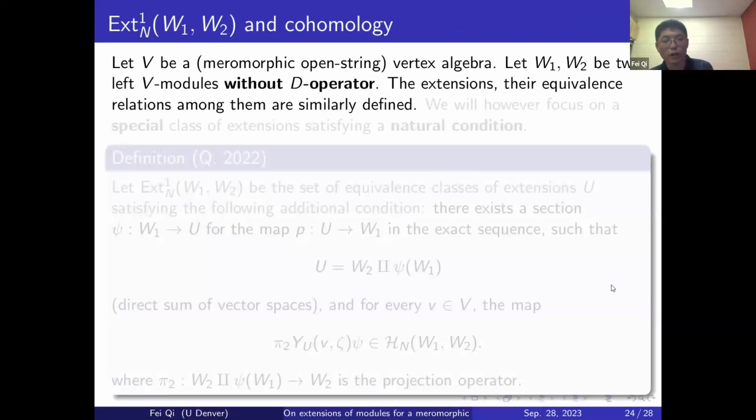Regarding the extension over here, given a meromorphic open string vertex algebra and given two left modules without D operators, we could define the extensions and their equivalence classes, similarly using exact sequences. There does not exist any technicalities over here.